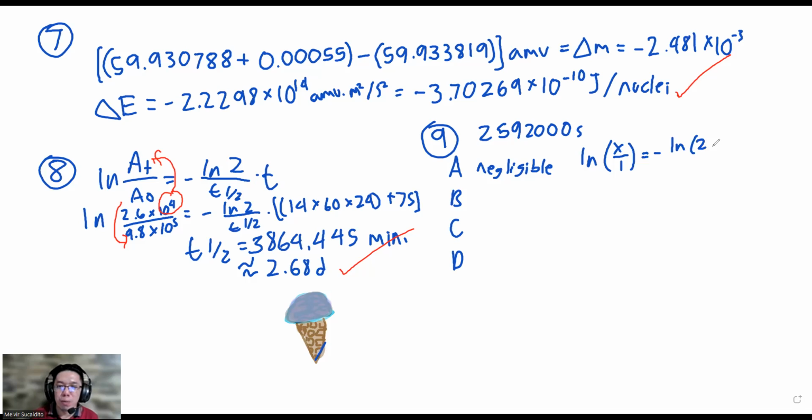Okay, good. Moles. Negative ln 2 over K. Negative ln 2 over half-life pala. That's your K. Okay, good. Seconds. This is 1 month, right? Opo. Okay, continue. So, ibig sabihin, paano naman pag letter B?